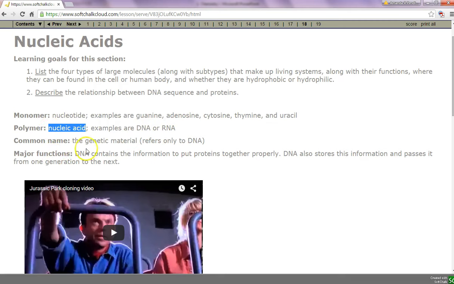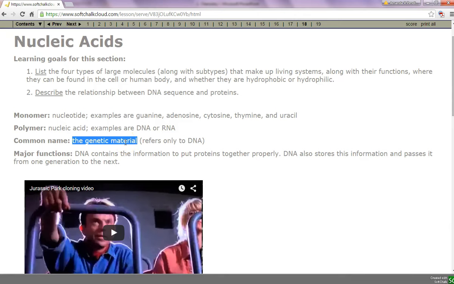Now, for our purposes, we're really not going to focus on RNA too much. I really want to talk about DNA and what DNA is and what it does, okay? So you may have commonly heard DNA referred to as the genetic material. And what is that? What does it do? Okay. Well, the genetic material are the things that we inherited.